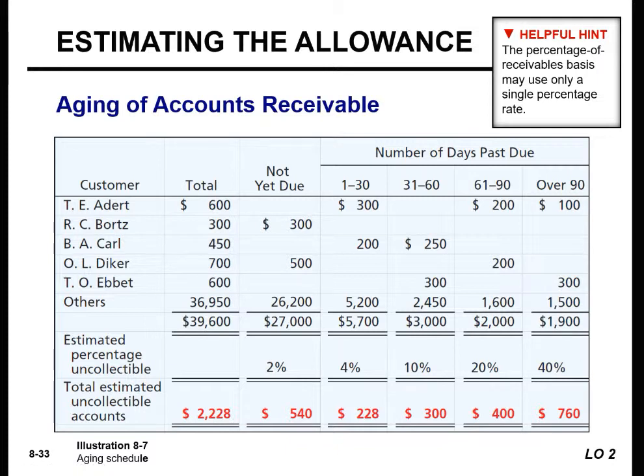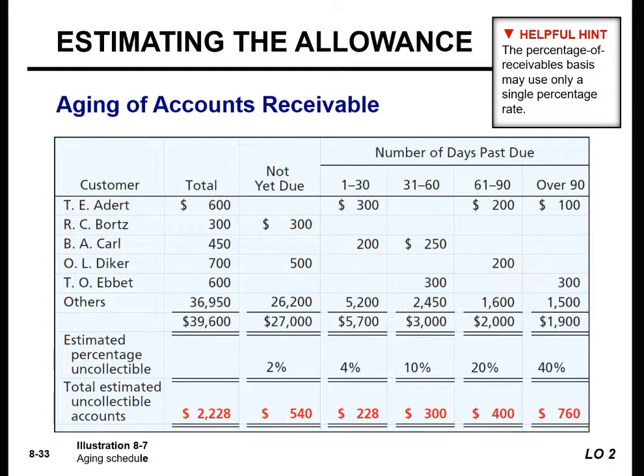The estimated bad debts represent the existing customer claims expected to become uncollectible in the future. So this total amount here represents the required balance in the allowance for doubtful accounts at the balance sheet date.